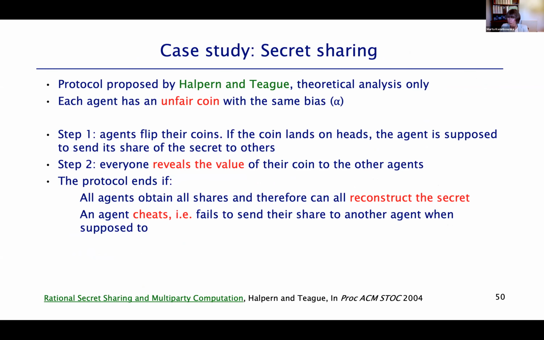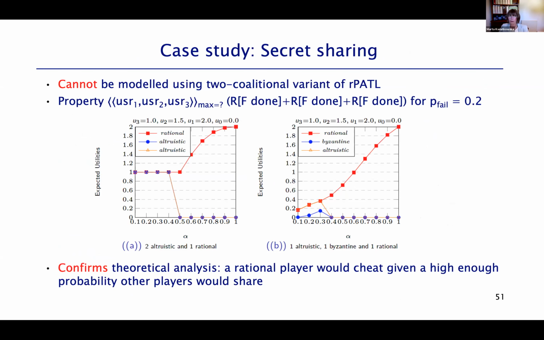We were able to model this protocol using the N-coalitional variant of the logic and analyze it with respect to the bias. Alpha is the bias of the coin, and we confirmed automatically the theoretical analysis. The theoretical analysis said that the rational player would cheat given a high enough probability that other players would share.